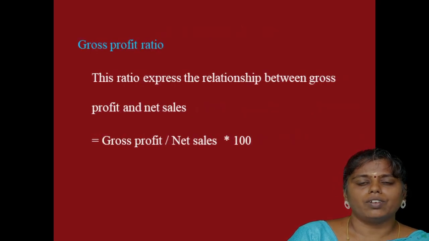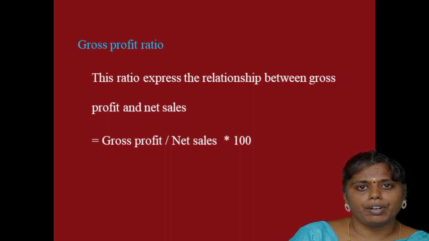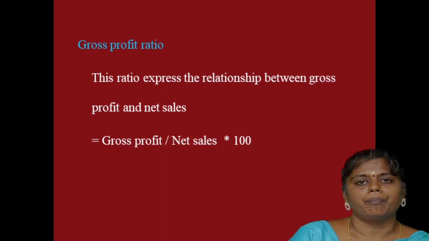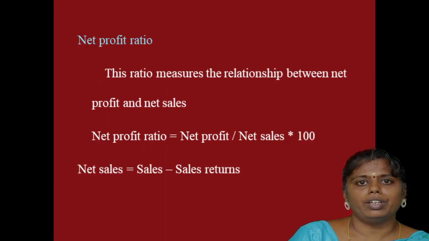First, what do you mean by the gross profit ratio? It is the relationship between gross profit and net sales. What do you mean by net sales? Sales minus sales return. So the gross profit ratio formula is gross profit divided by net sales into 100. Next, net profit ratio.